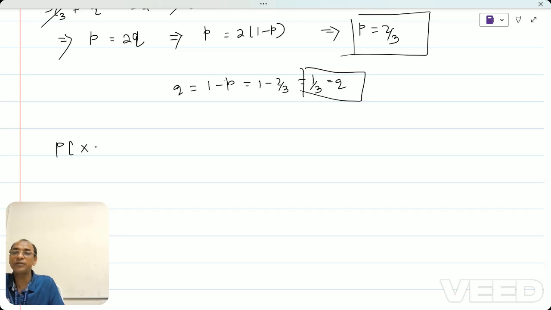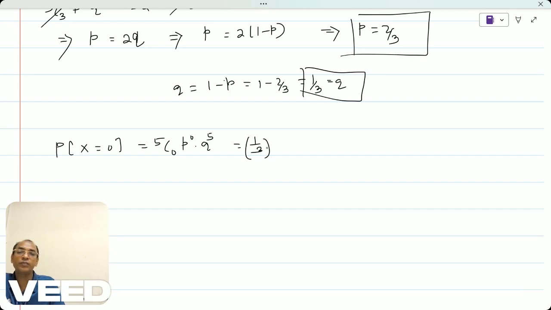The probability of no even number means x equal to 0, and that is equal to 5C0 p to the power 0 q to the power 5. And 5C0 is 1, p to the power 0 is 1, and that will be nothing but 1 by 3 to the power 5. If you simplify, you will get 1 by 243.